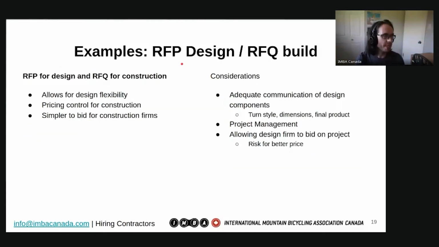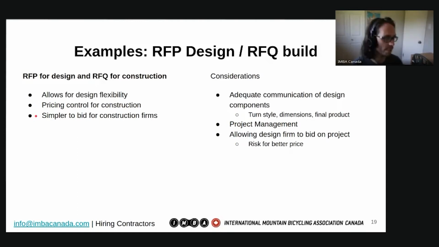Another example would be a request for proposals on design, and then taking that document and requesting quotes on the construction side. We allow for design flexibility because we're using the RFP process, and we have pricing control for construction because we're soliciting quotations from different companies to provide that final product. And because of that, it is simpler to bid for construction firms.